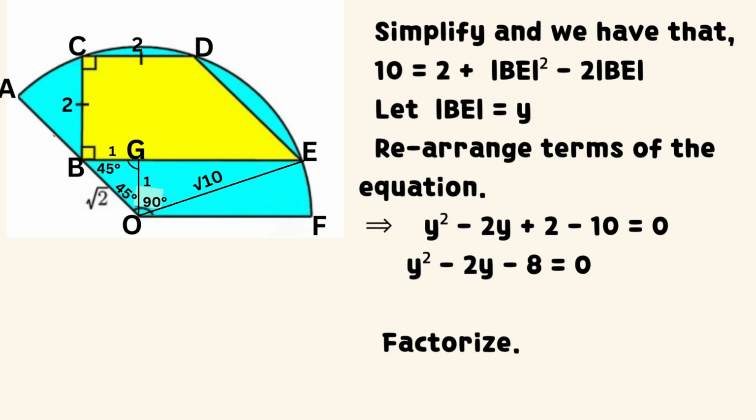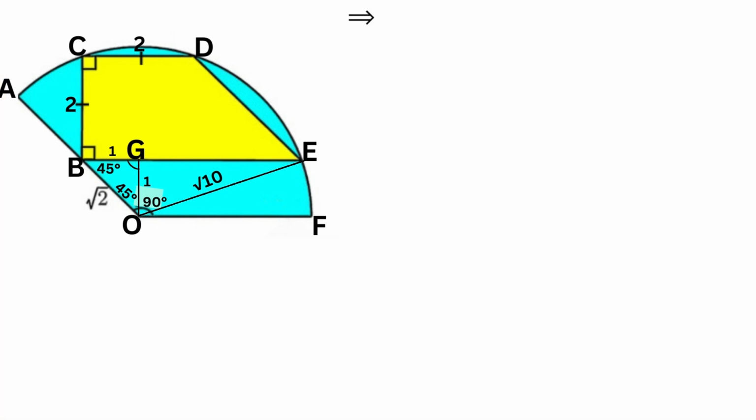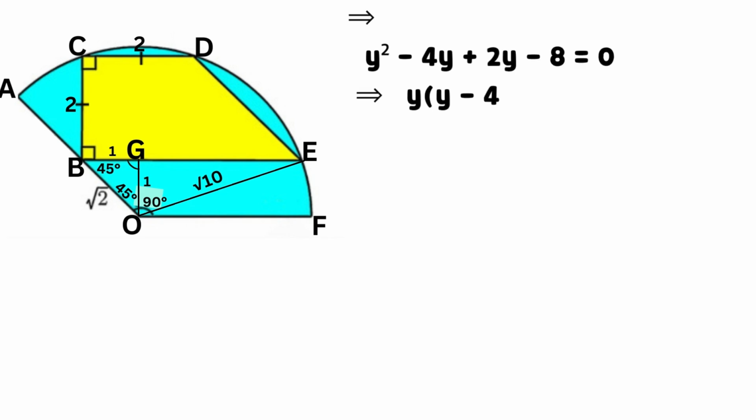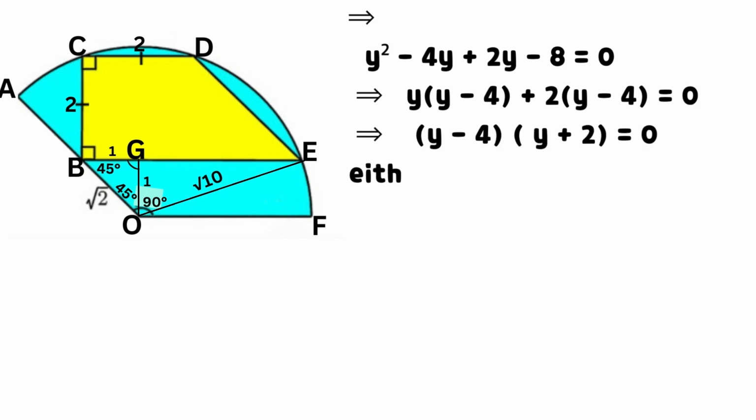Factorize. It signifies that y squared minus 4y plus 2y minus 8 equals 0.